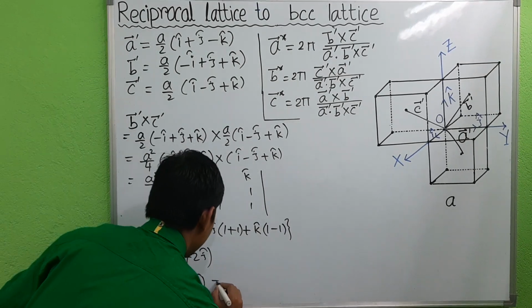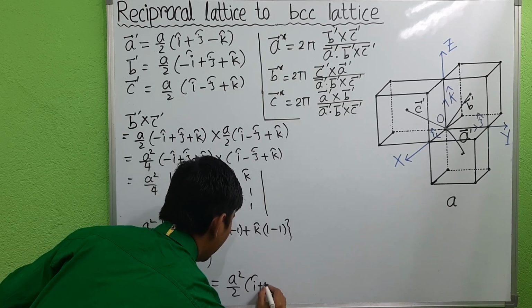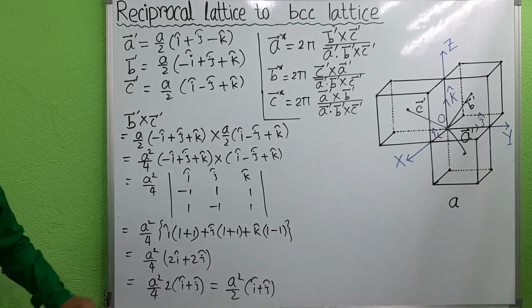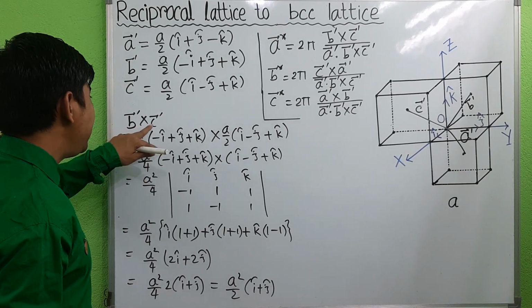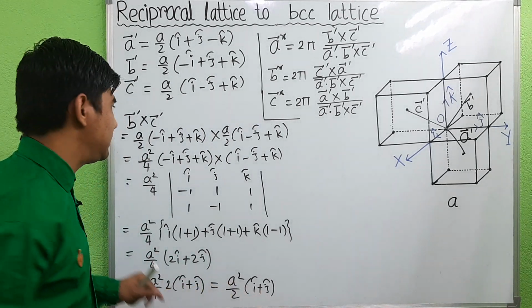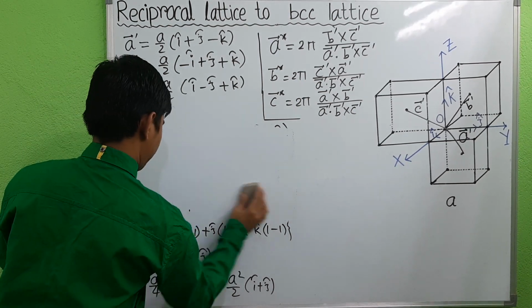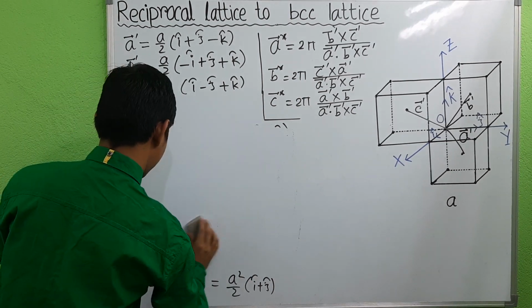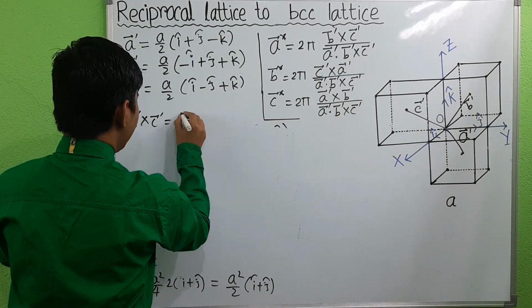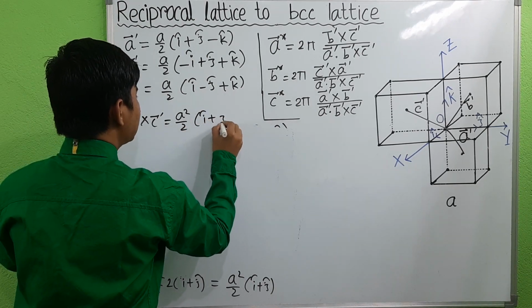Thus b dash cross c dash is a square by 2 (i cap plus j cap).